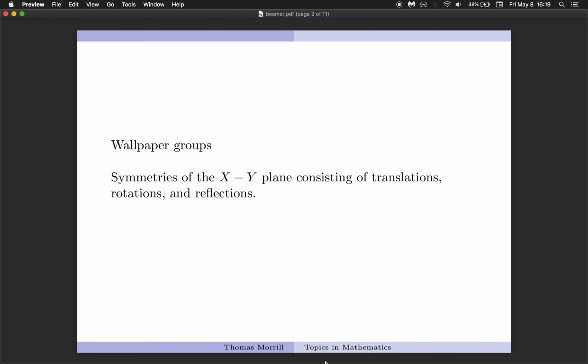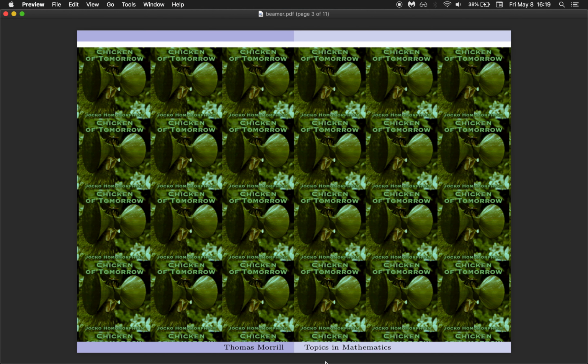And it doesn't actually matter what that pattern is, just that it repeats itself. So I've chosen an image here, and I have tiled it across the plane. And any way I can take the plane and move it around so that my wallpaper still looks the same will be one of the symmetries belonging to this wallpaper group.